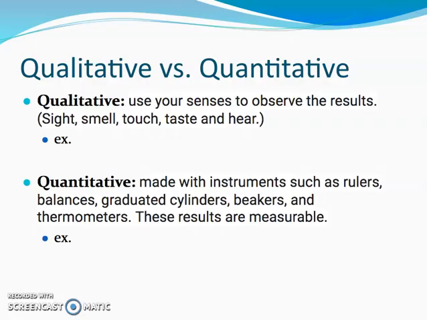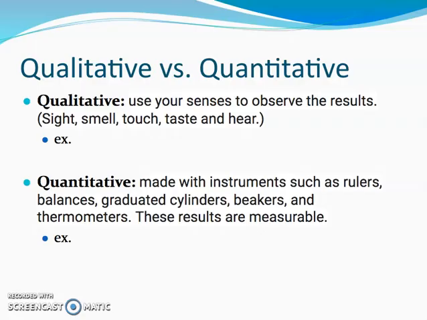Or that it took you 10 seconds to walk from one side of the room to the other. Or you could say that it was 70 degrees Fahrenheit outside. Again, all numbers and all something that is measurable. A number with it is usually quantitative.